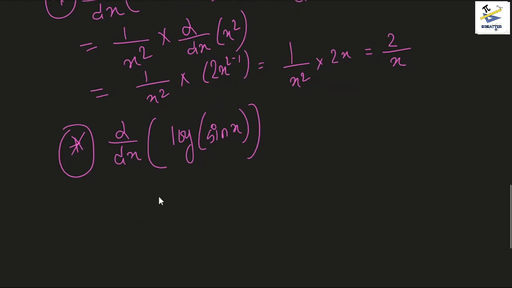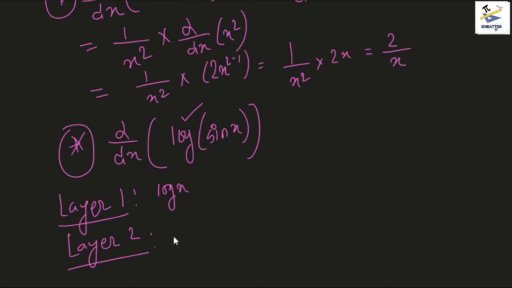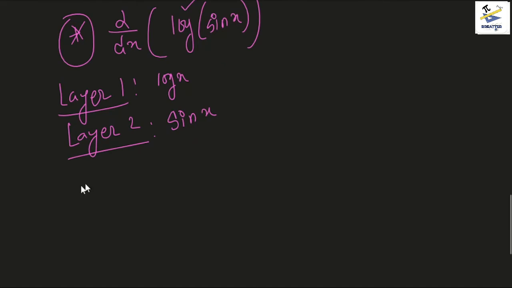Now how many layers are there? Let me just clarify this. Layer 1 is the first layer of function. This is log. So layer 1 is log x. And what is layer 2? Layer 2 is sin x, correct? So it is log x and it is sin x. Now the answer can be written directly if we have that in mind, because we differentiate one by one and we keep on doing that until we reach the inner bottom where x is present.